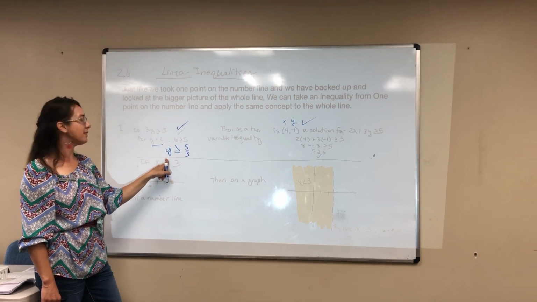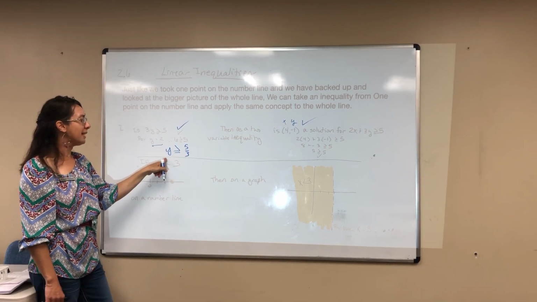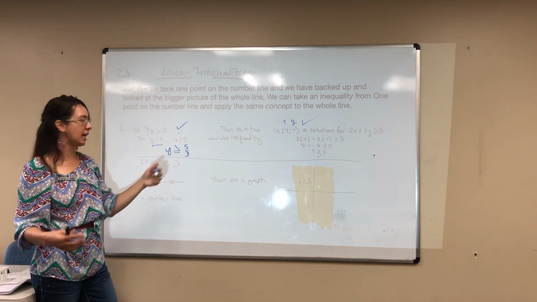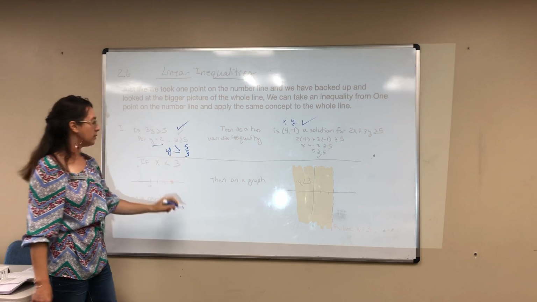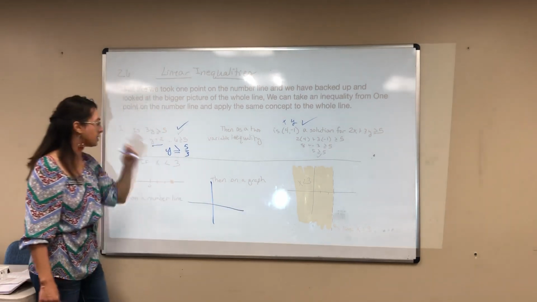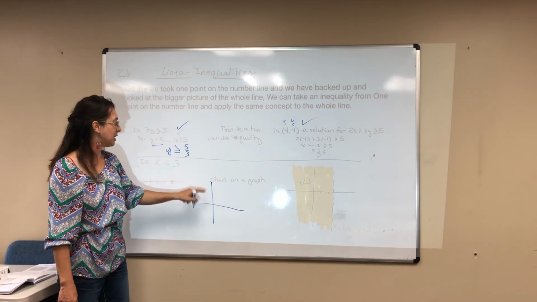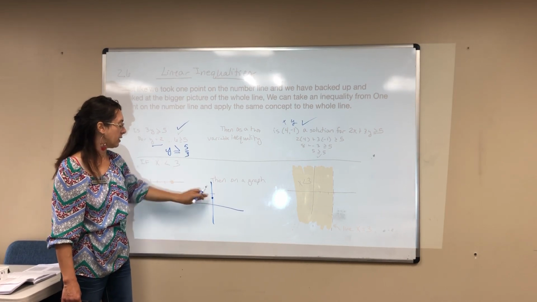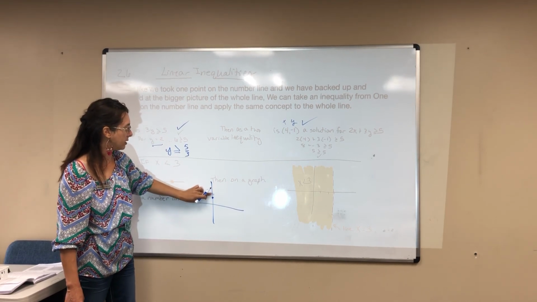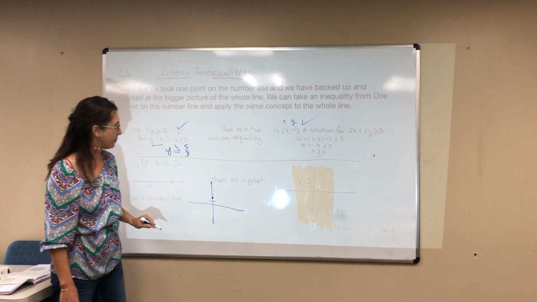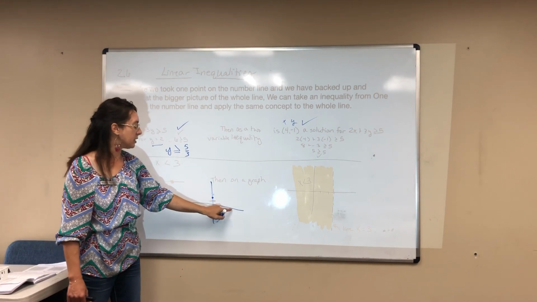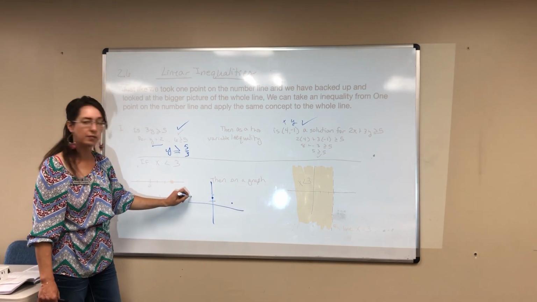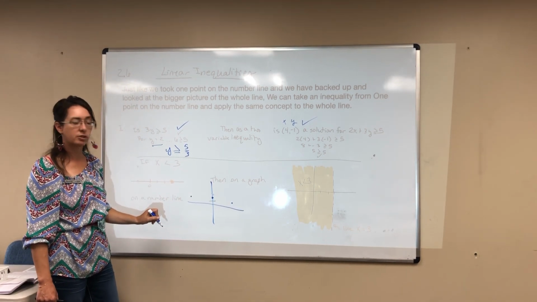No, I don't have x values in it, which means that I can pick any x value that I want and I still get the same answer, right? So if x is 0, y is 5/3. If x is 5, y is 5/3. If x is -5, y is 5/3. Y is always 5/3.